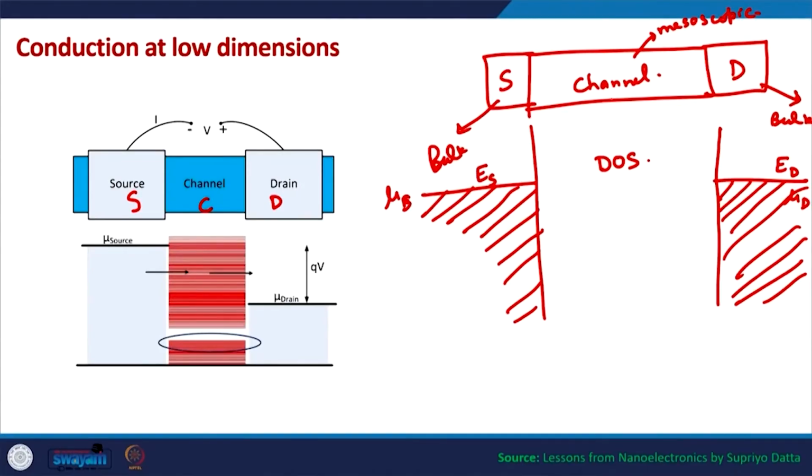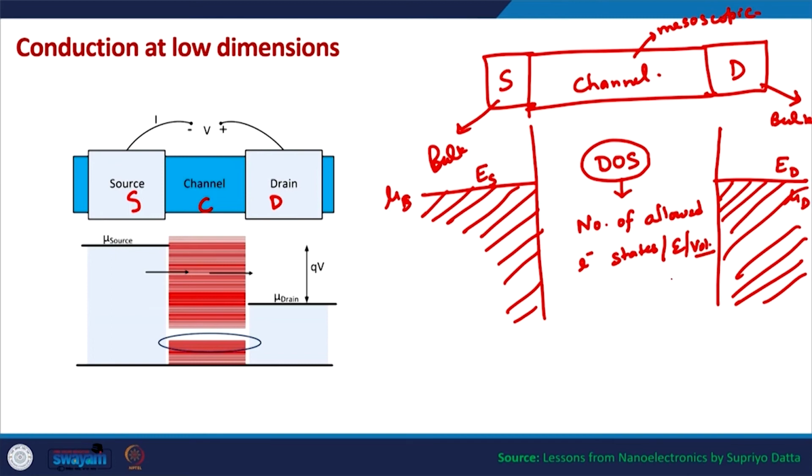Since the channel is small, we need to deal with this idea of the density of states, which essentially is the number of allowed electronic states per unit energy, per unit volume in case of a 3D material, per unit area in case of a 2D material, and per unit length in case of a 1D material.